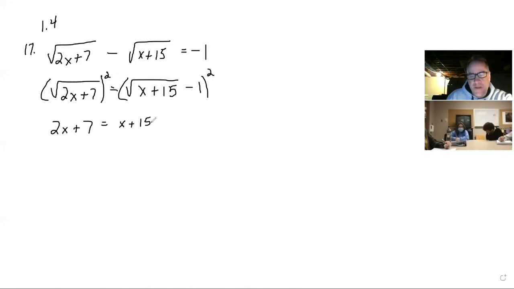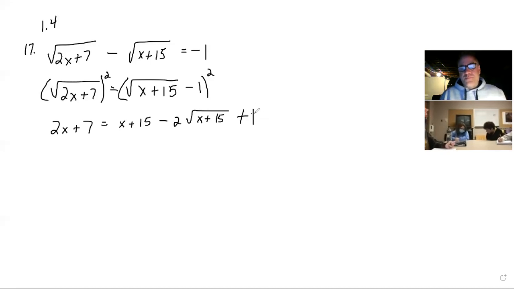In this case, it's subtraction, so it's going to be minus. That times that doubled. The reason is the outer and inner products, if you would FOIL it out, are always identical, and they're that times that. So this, at the end of the day, will be 2 times the square root of x plus 15. And then plus the last term squared, and it's 1, so it's just plus 1.